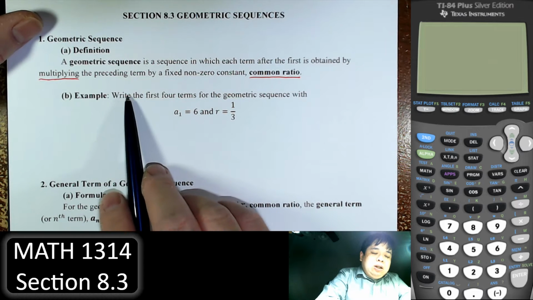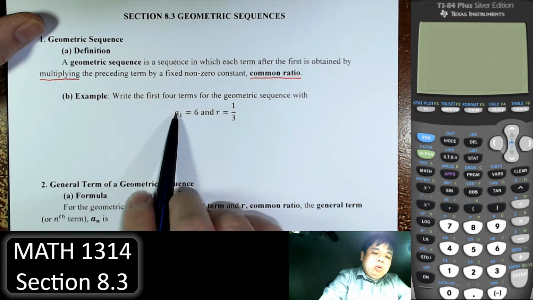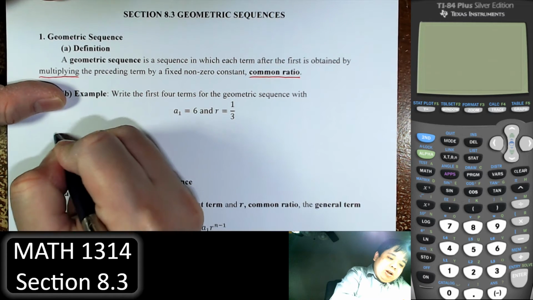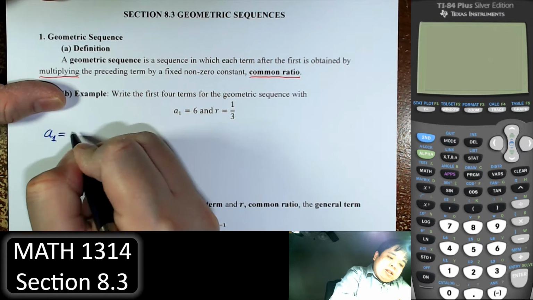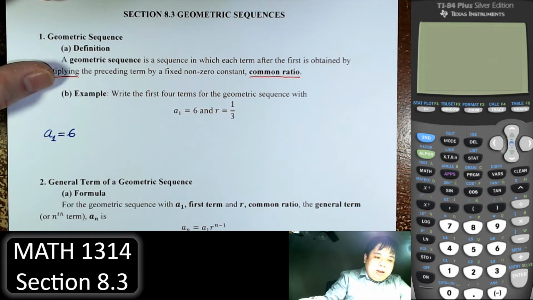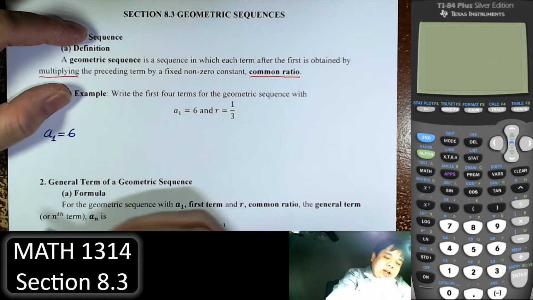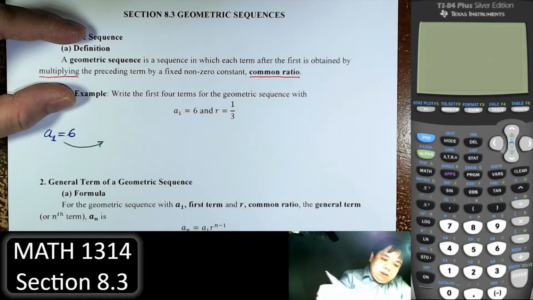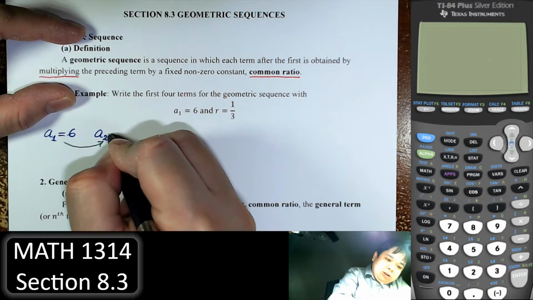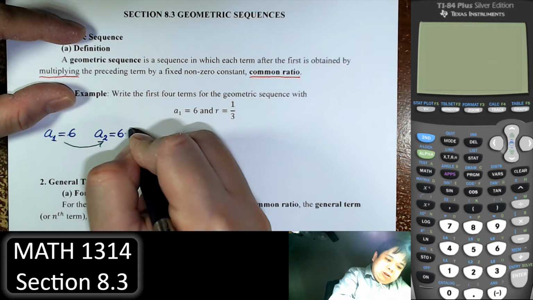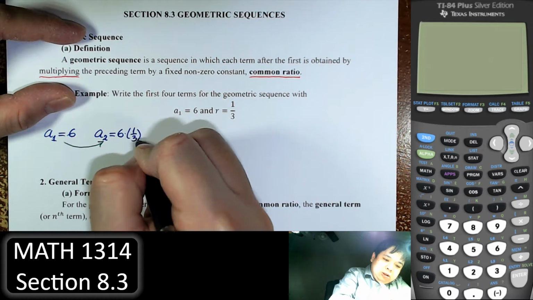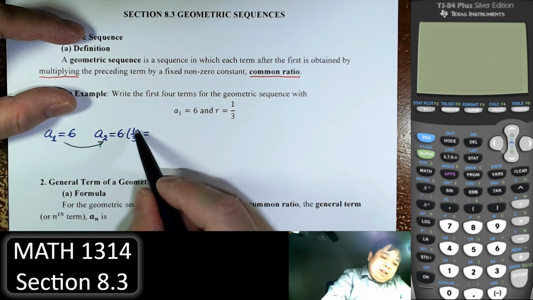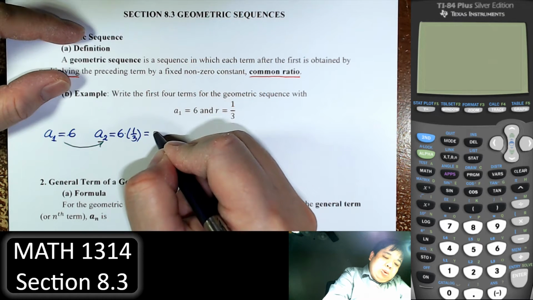So let's write the first four terms of the geometric sequence. The first term is 6 and then multiply by 1/3. So if the first term is 6, now we multiply by 1/3 to get to the next term. And that 6 times 1/3 will be 2.